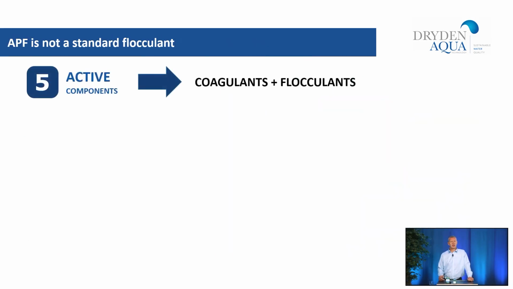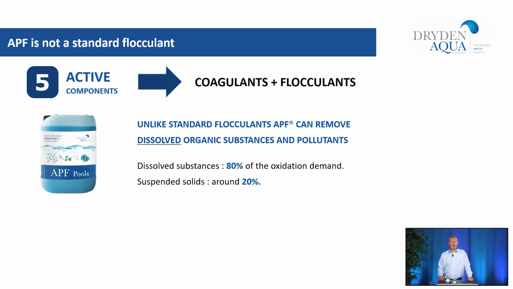APF is not just a standard PAC flocculant. This has got 5 active components, coagulants and flocculants. It's there really to remove dissolved pollutants that we need to pull out of solution into larger particles that we can then capture in the filter. And this is again reducing the oxidation demand, reducing the chlorine demand in the pool.